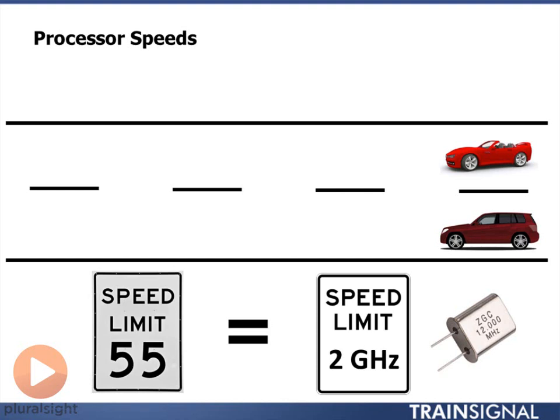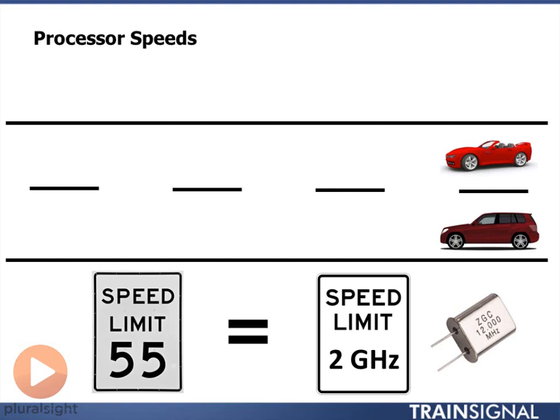In the illustration I have on the screen, I'm showing some cars. One is a sports car, and the other is more of a family car, so one is probably made to go faster than the other. With each of those engines, if you were to go faster than the recommended speed, say a speed limit of 55 miles per hour, you risk getting a ticket.